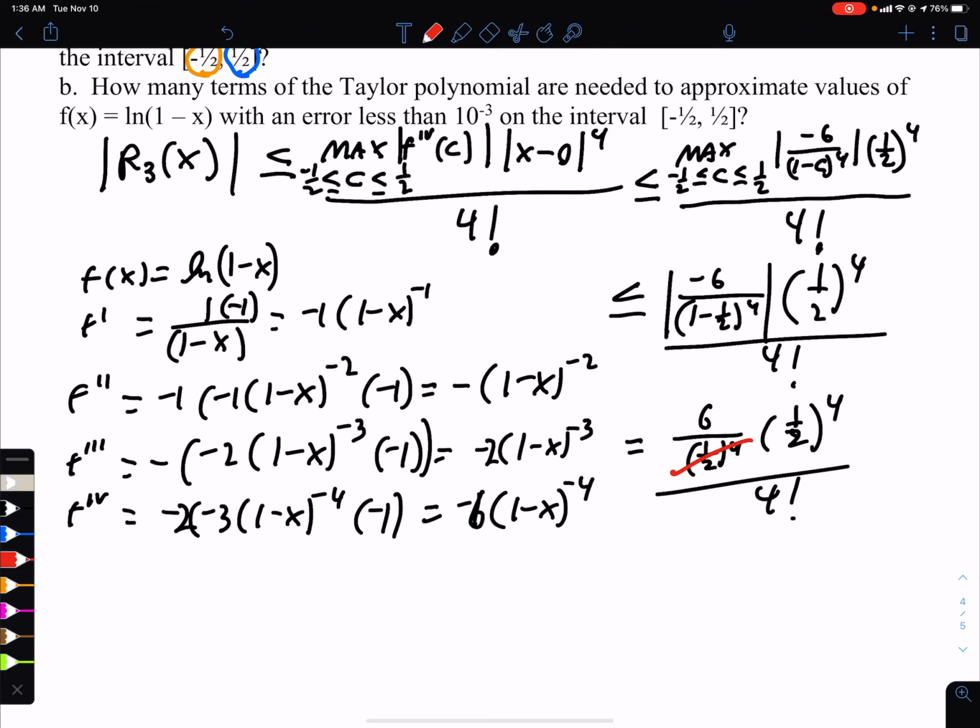What's nice, those cancel, which equals 6 over 4 factorial, which is 6 over 24, I believe, which is 1/4.